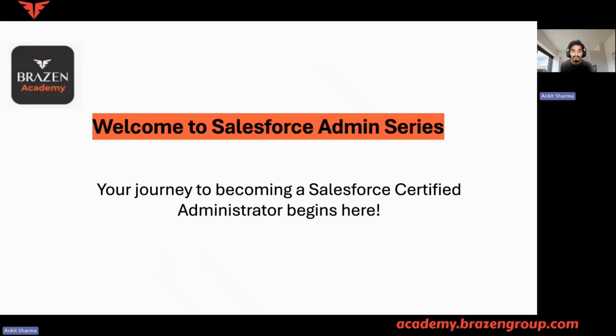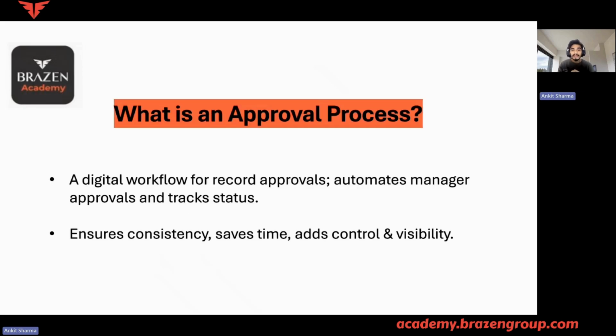Approval process is the most powerful automation for handling business approvals in Salesforce, whether it's approving a discount, a leave request, or expenses. It makes sure that nothing gets approved without following the right steps. So what exactly is an approval process? Think of it like a digital approval workflow.